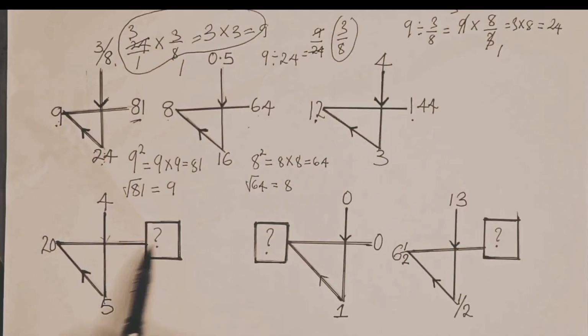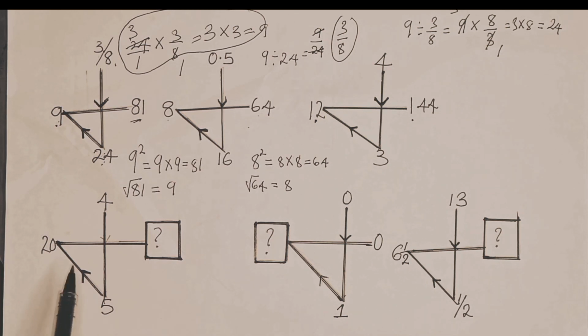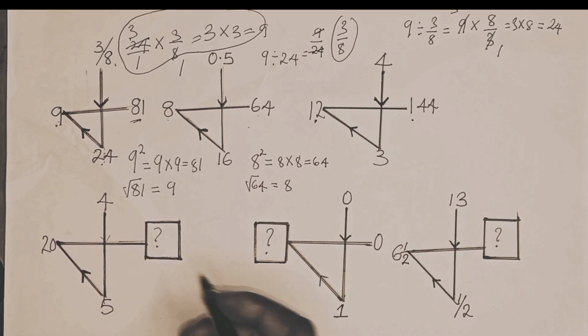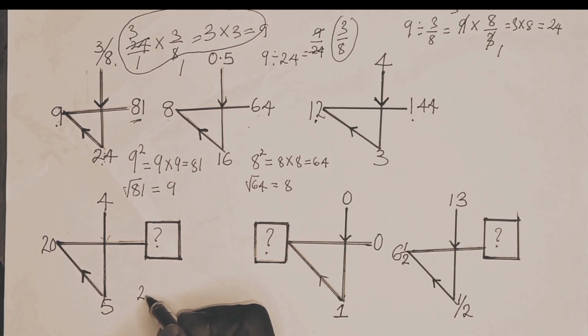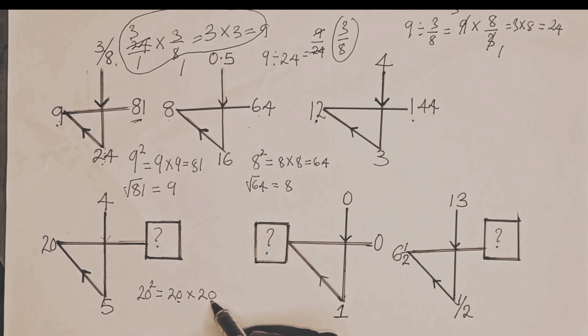So now let's look at how to find these missing numbers. Now look at this together. Remember that to have here, you take the square of this. So we have 20 squared, which is 20 times 20. Remember, when you multiply numbers that end in 0, you take the whole ones here. So you have your 2 times 2 to be 4, and then you bring down the 2 zeros.